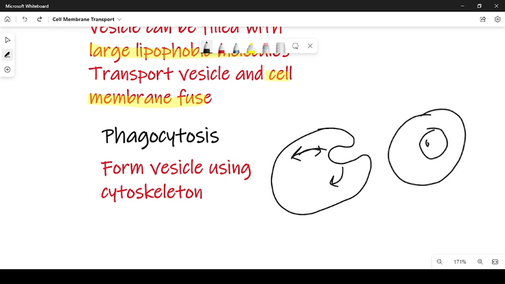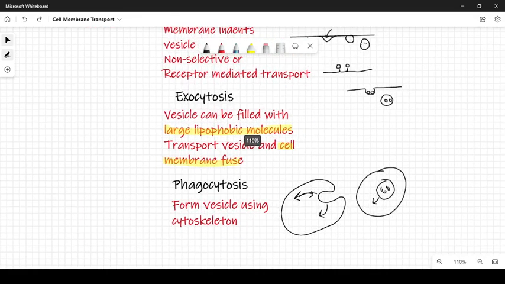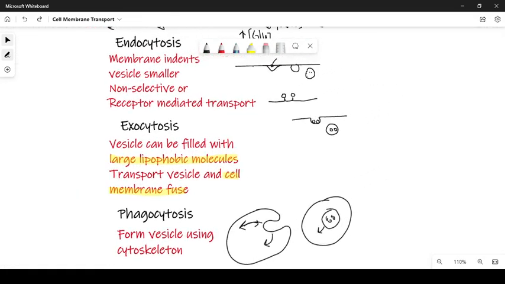It is used to engulf large biomolecules, for example, a bacterium. The ATP is required to move the cytoskeleton and for intracellular transportation of the vesicle. All of these vesicular transporters require energy in the form of ATP.